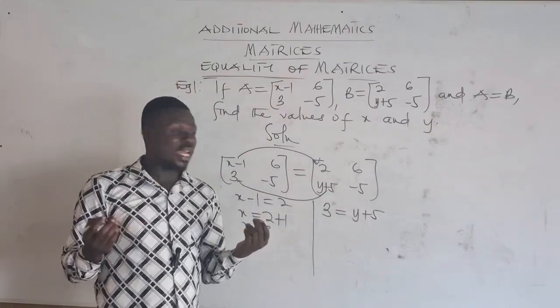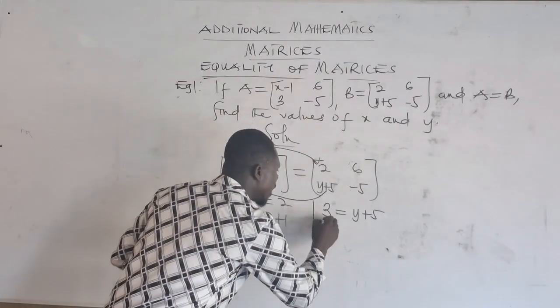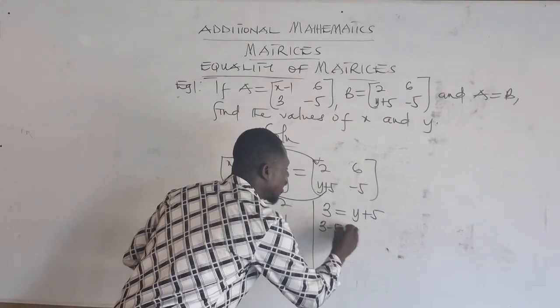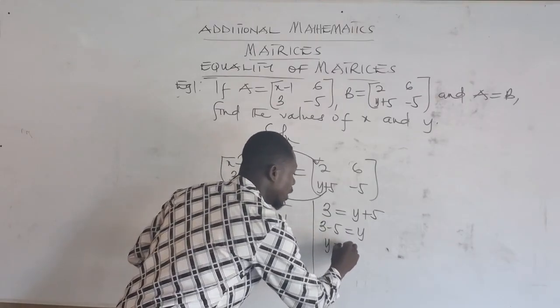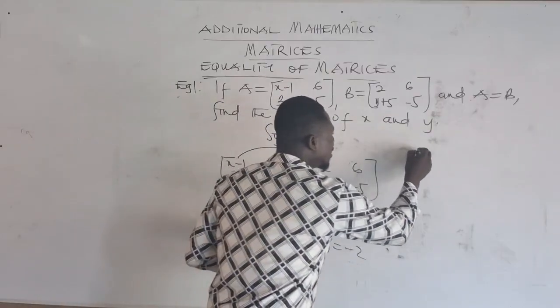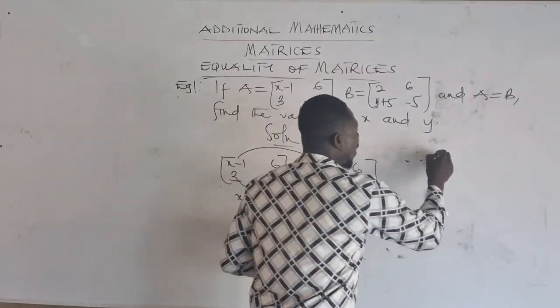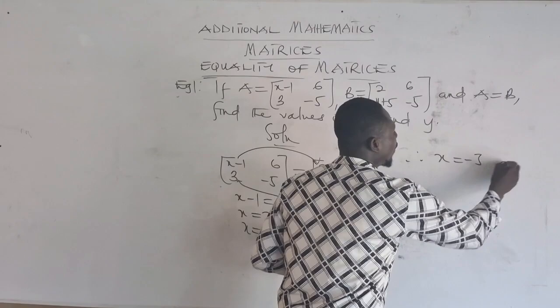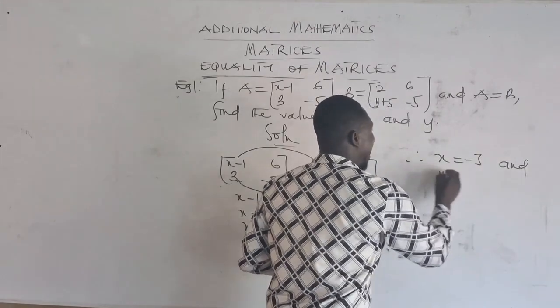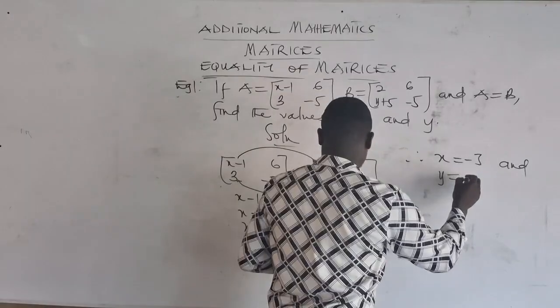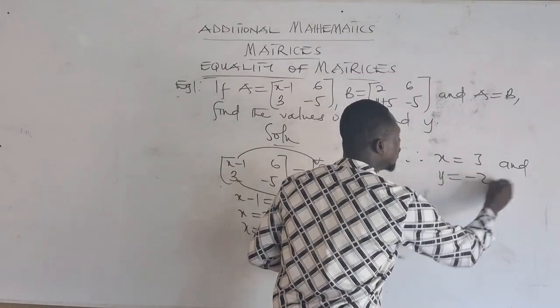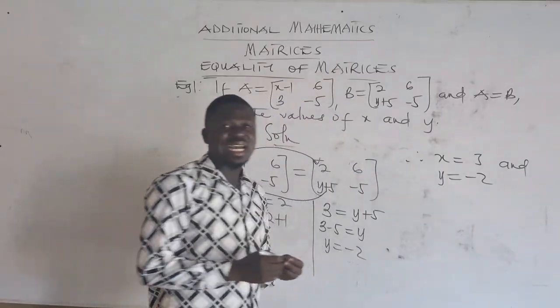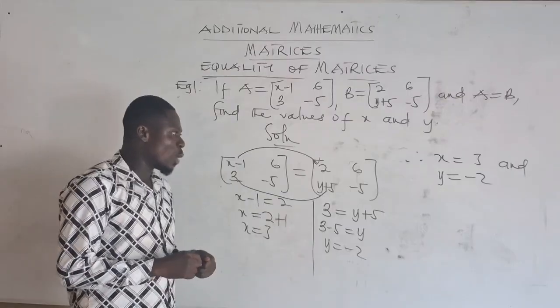By simple grouping of like terms, we will have 3 minus 5 is equal to y. In this case, our y will be equal to negative 2. Therefore, our x is 3, and our y is equal to negative 2. So these are the answers for x and y.